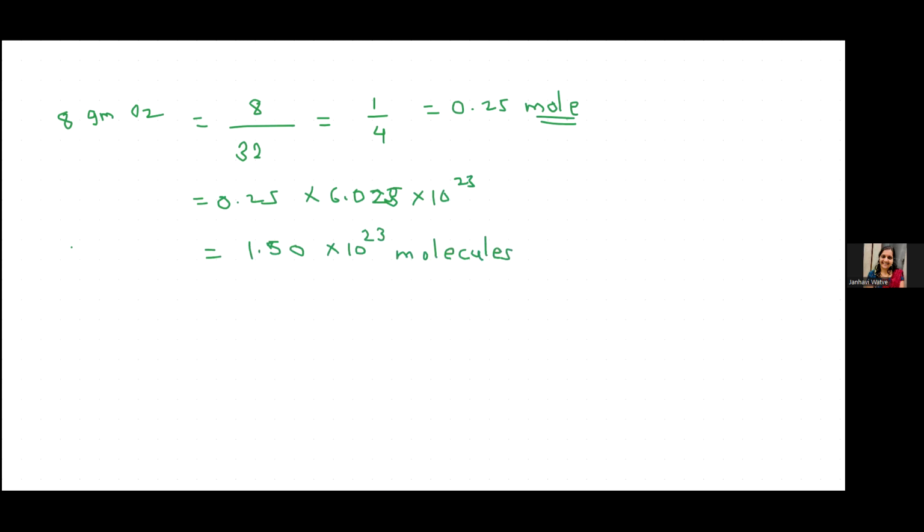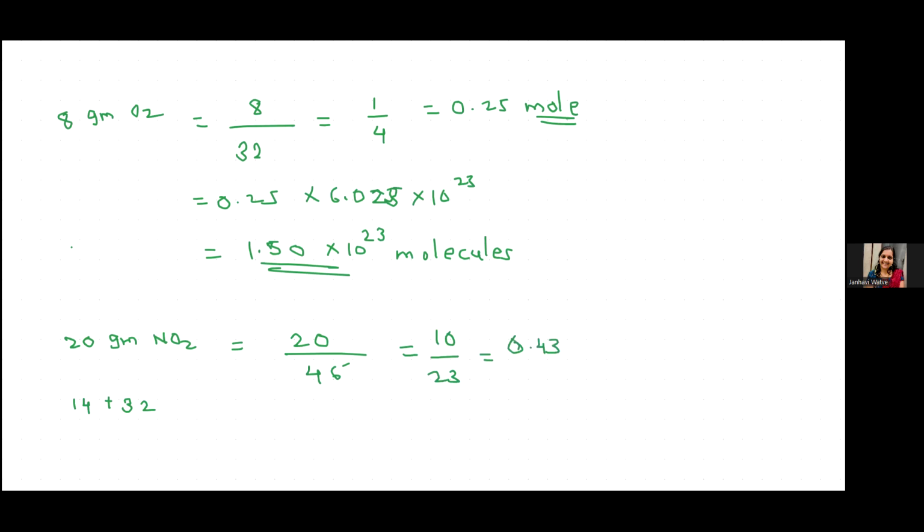And the last option is 20 grams of NO2. Weight given is 20, divided by the molecular weight of NO2. Nitrogen is 14, one oxygen is 16, and there are two oxygens, so 32, which makes 46. So 20 divided by 46, by log table or calculator, you can simplify it as 10 by 23, which is nothing but 0.43.